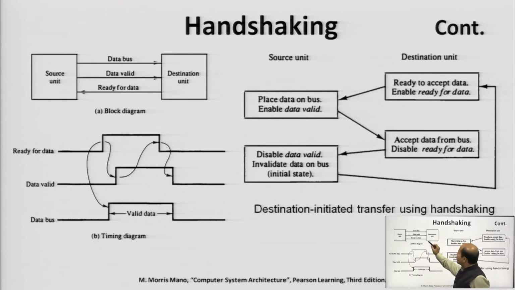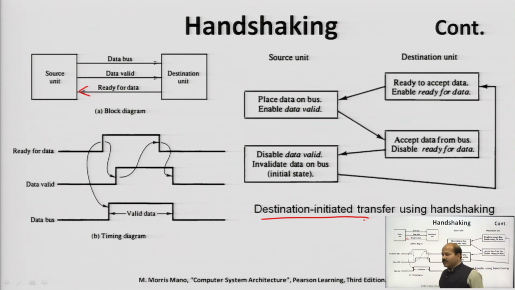So, that is why this control signal will be issued by the destination unit, informing the source unit that please provide the data, put the data so that I can receive it. So, the ready for data signal is generated prior to the other signals. Now, you can see the steps written here, all the steps used in handshaking for destination initiated transfer.